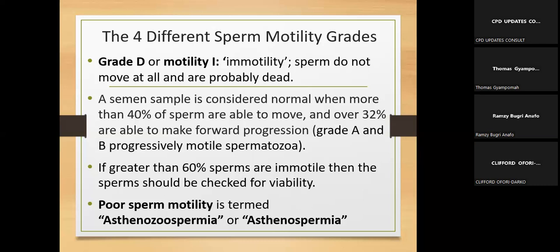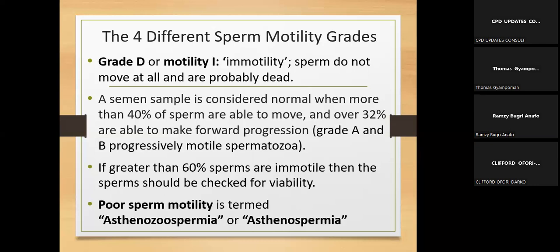You can combine all of them. So it becomes oligo-astheno-teratospermia, which we call the OAT syndrome. OAT because O is oligo, A is astheno, and T is terato. So you are getting an OAT, not that the person is eating oats. So, OAT syndrome. I'm taking all these things at this point so that when we get there, you already have an understanding of it.